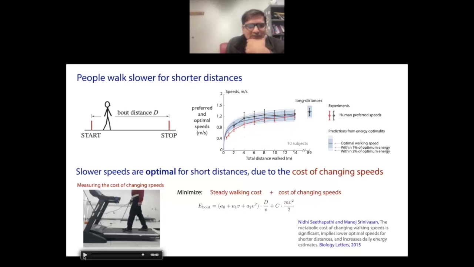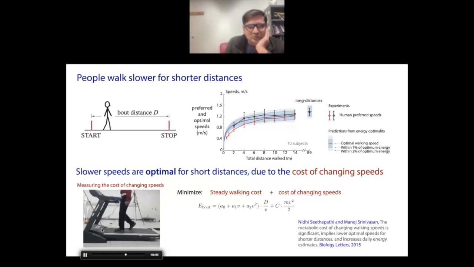We posited that this can be explained by the cost of starting and stopping, specifically the cost of changing speeds, which Nidhi measured by doing this experiment, in which we had people walking on a treadmill, but with changing speeds.